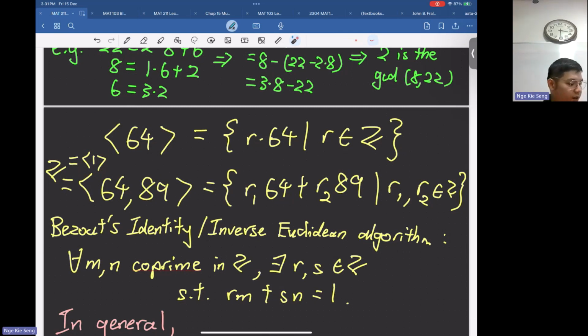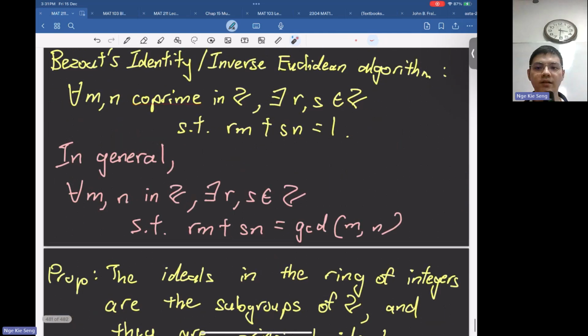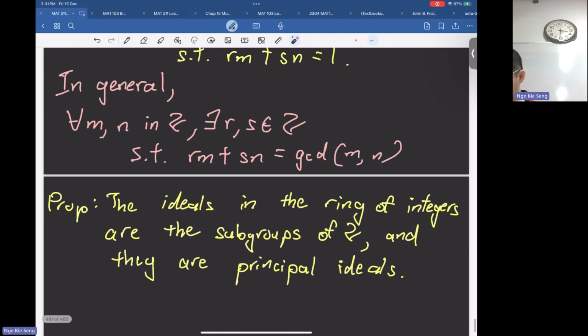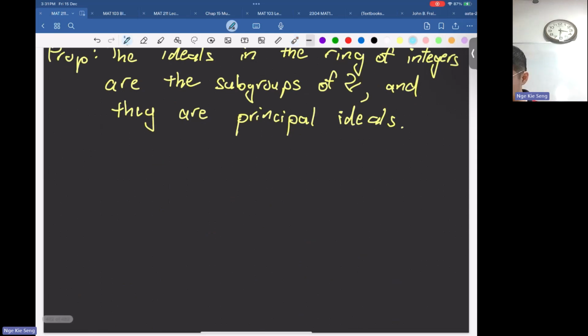Like what I said last time, we want to generalize this situation to a polynomial ring. Let's see, are we going to prove this? I will give the statement first. It's the same in the polynomial ring, especially the ring of polynomials over a field.